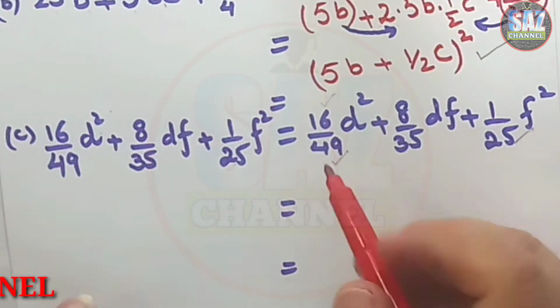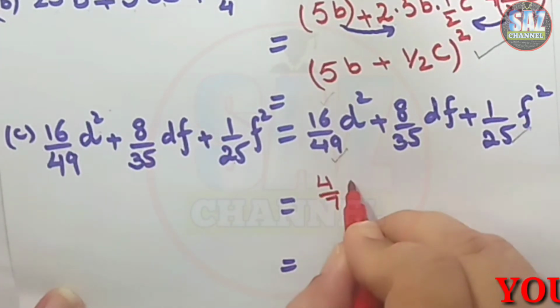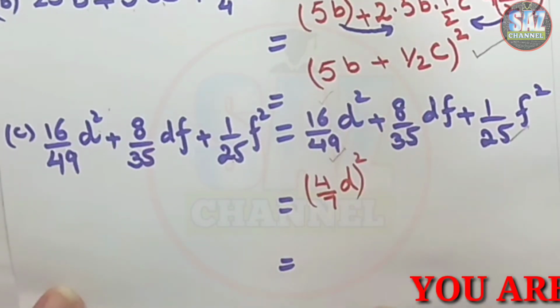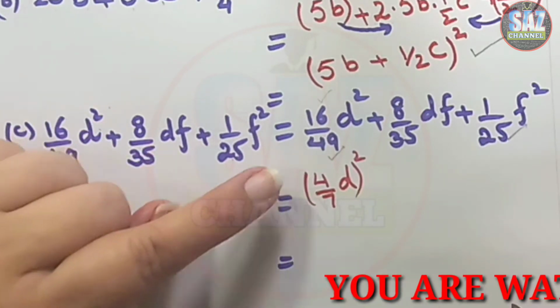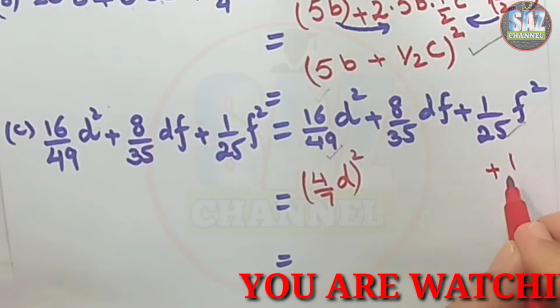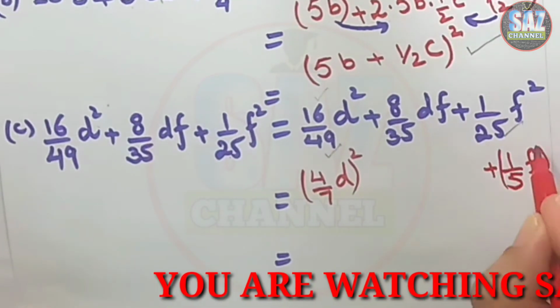I have to write the square roots of these numbers inside the bracket. 16 by 49 can be written as 4 by 7 d whole square, and at the last place I will write 1 over 5 f whole square.